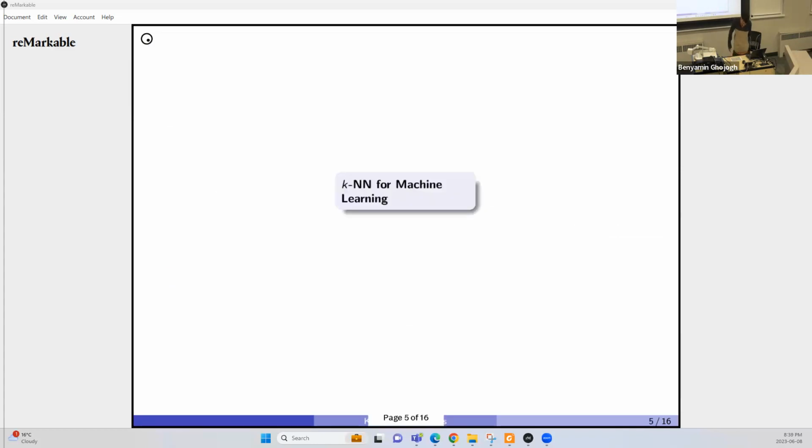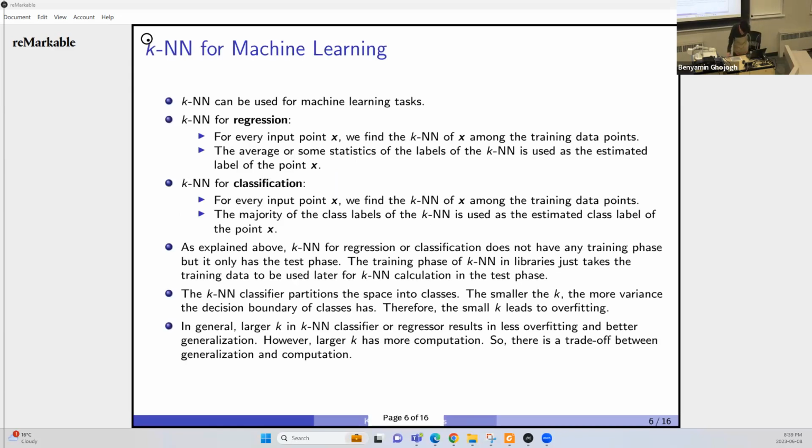Now KNN for machine learning. KNN can be used for machine learning tasks. For regression, KNN itself directly. KNN can be used in various machine learning algorithms, but let KNN be the algorithm itself. This is what we do. KNN for regression. What does it say?